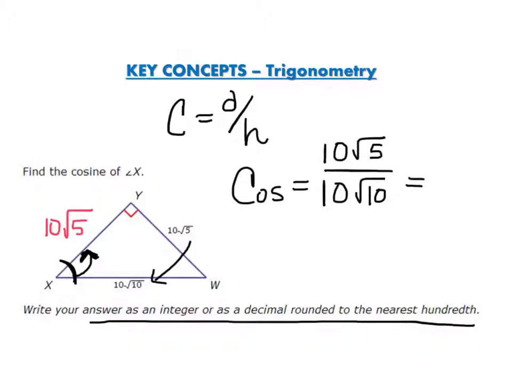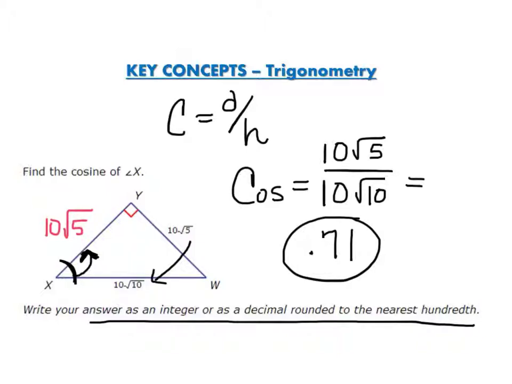When you put that in your calculator as a fraction, you will get the decimal. You get a big decimal, but when you round it to the nearest hundredth, you get 0.71. So that is the cosine of angle x.